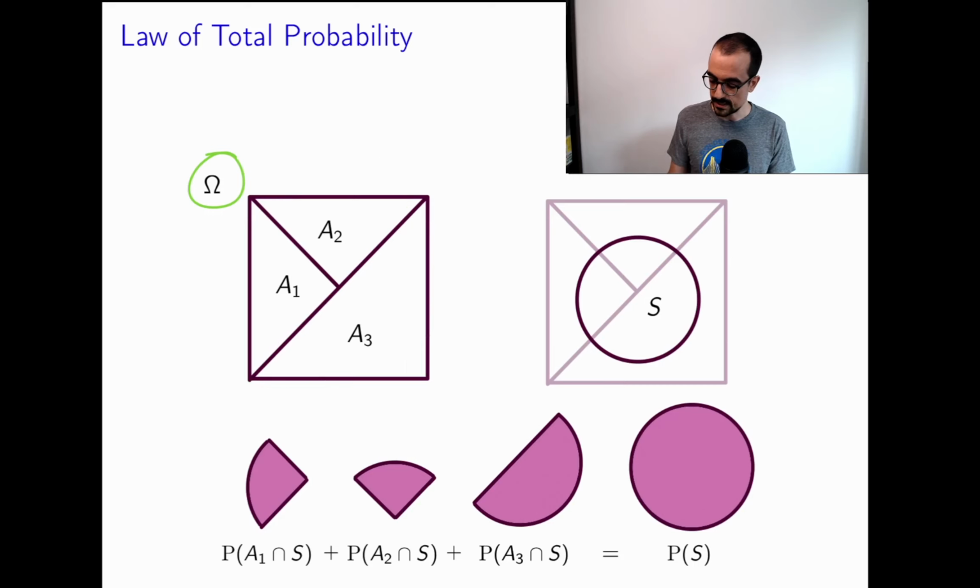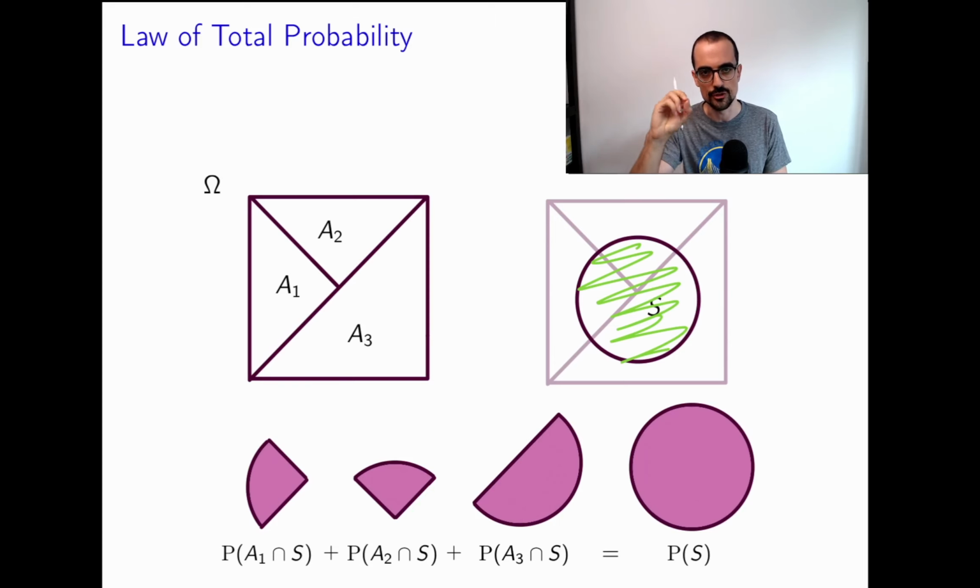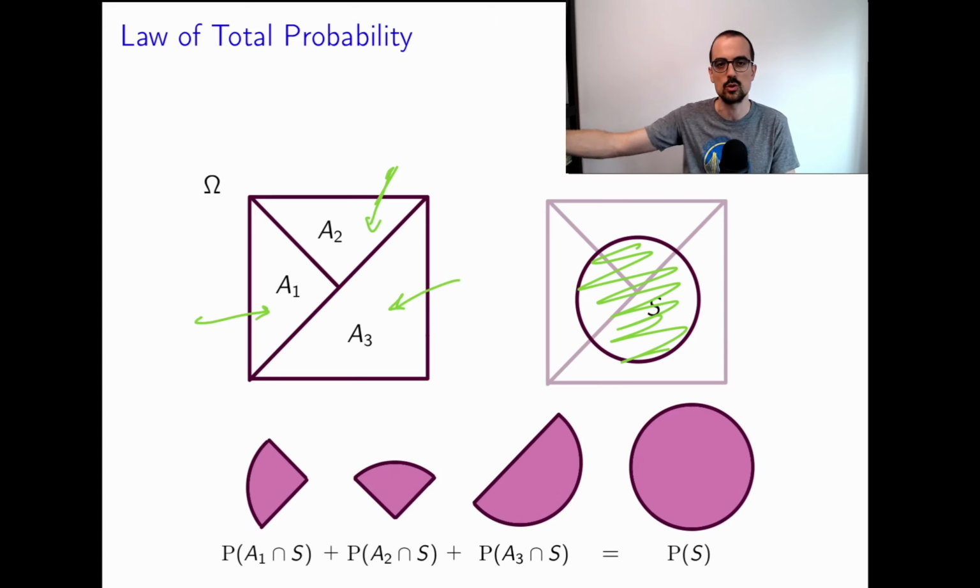Now we're interested in the probability of another event S, and we only have access to the probability of S conditioned on each of these guys. We'll see an example in a moment, but this happens relatively often in practice. You have access to some conditional probabilities and you want to aggregate them to get the probability of an event of interest.